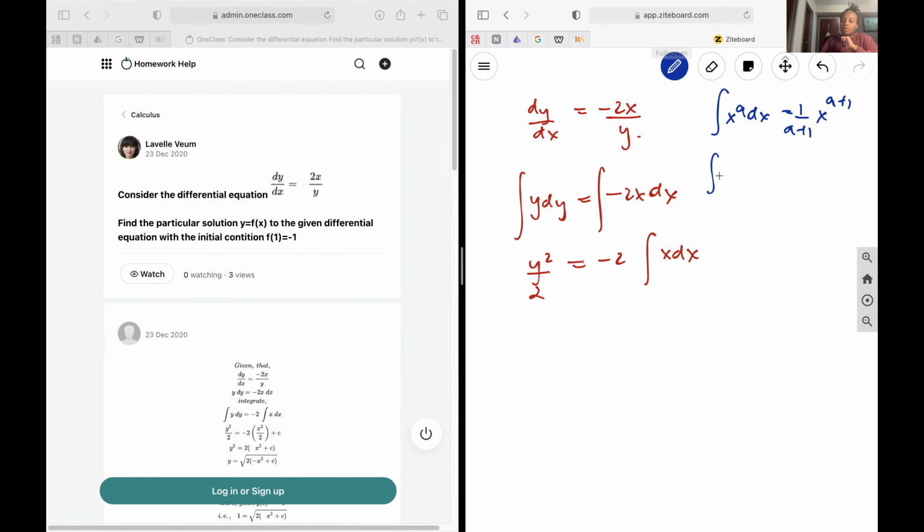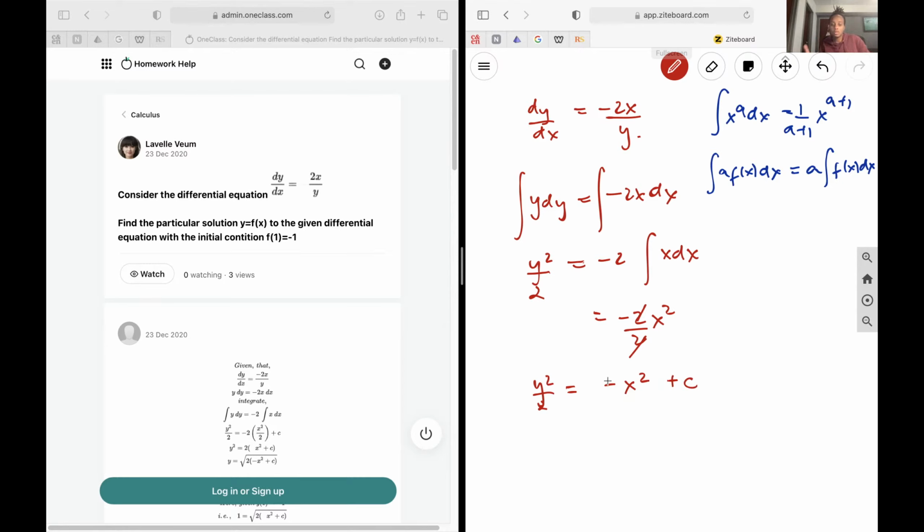And that comes from the fact that a constant multiplied by f of x, and you integrate that, is the same thing as if I just pulled out the constant and integrated f of x. And so, similarly to how I applied this, I have x dx, and so I'll get negative 2 over 2 x squared. These two will cancel, and I'll get y squared over 2 is equal to negative x squared plus c.